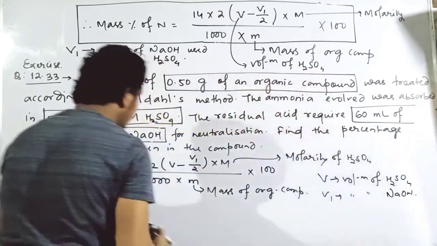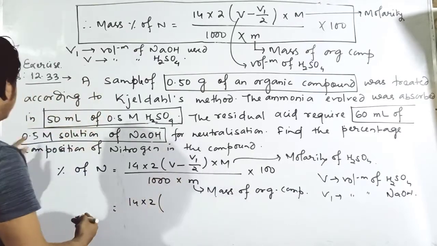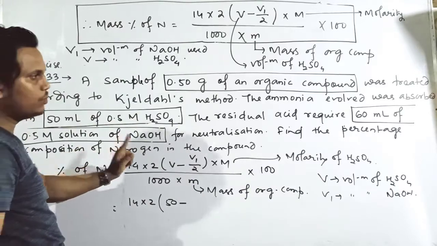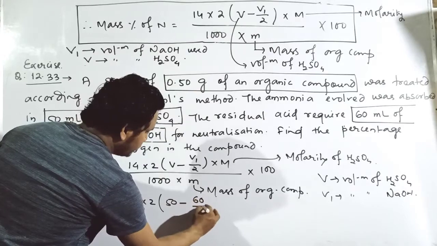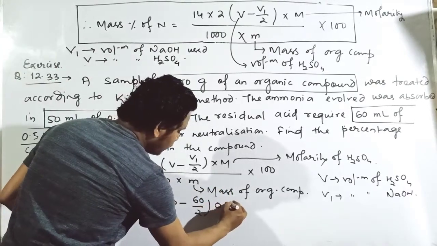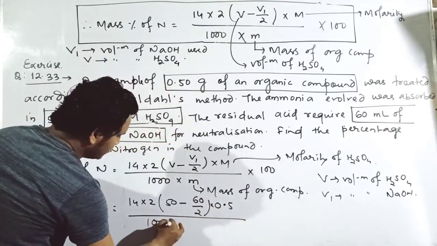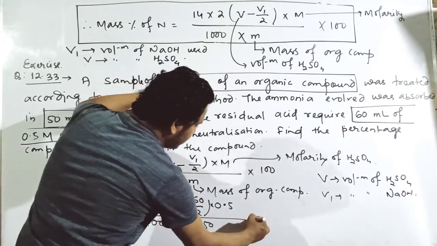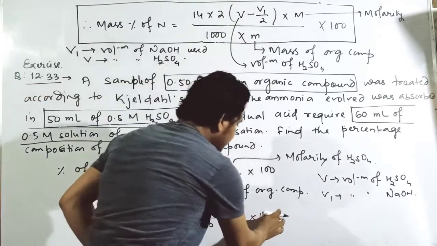Now put in all the values which are given. 14 into 2. V, volume of sulfuric acid, 50. V1, NaOH volume, 60, by 2 into molarity 0.5, divided by 1000, into mass of organic compound 0.50, and into 100, so the result will be in the form of percentage.